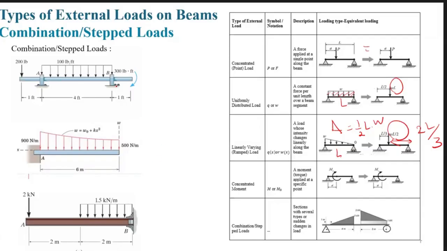For example, at the top one here, we have a uniform distributed load, the first one. Here is the concentrated moment that is 300 pound-feet. And here we have the concentrated load, 200 pounds. Here we have one curve that is not linear, triangular, or rectangular.